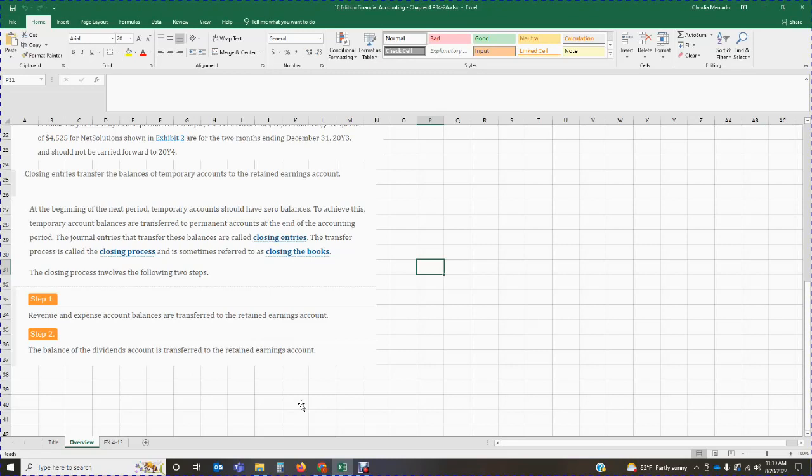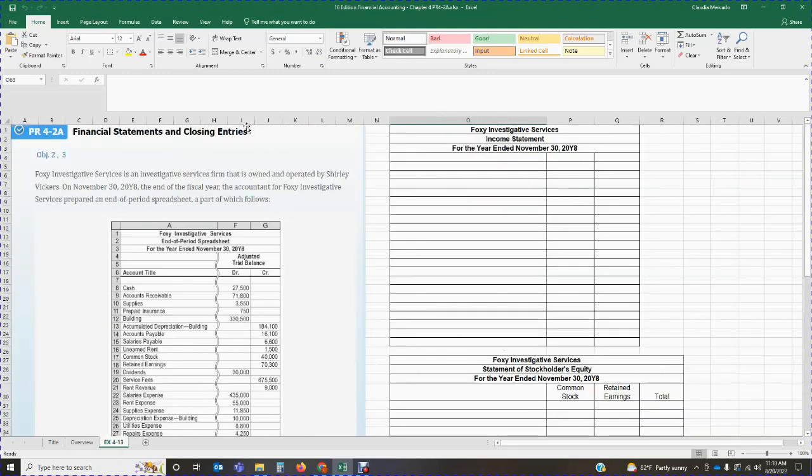So this problem that we're going to be covering, exercise 4-13, says financial statements and closing entries. Foxy Investigative Services is an investigative service firm that is owned and operated by Shirley Vickers. On November the 30th, at the end of the fiscal year, and remember it could be a fiscal year or a calendar year, whatever type of year your business is at.